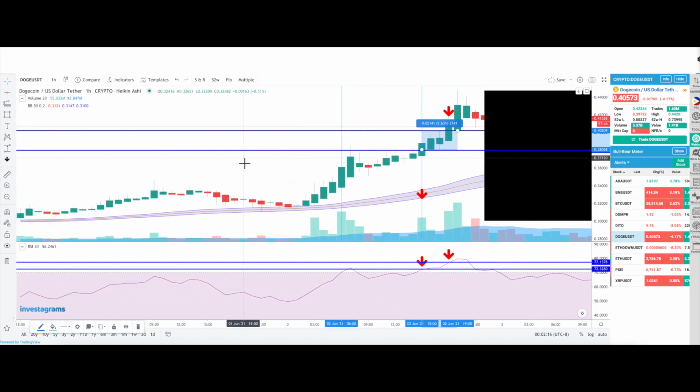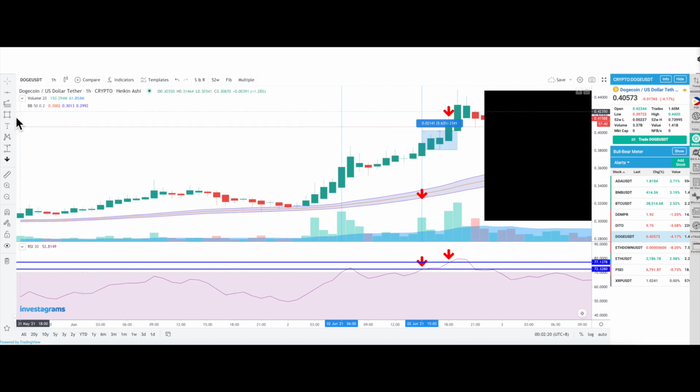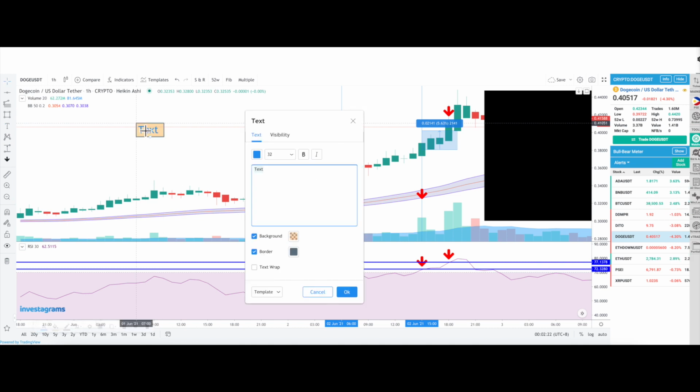Okay, let me make sure I do a couple of reviews with you guys. Let me put some text here. Number one, rules of buying high and selling higher for Dogecoin, and for any other coins or even stocks or forex for that matter.